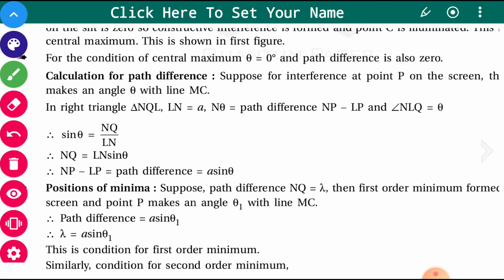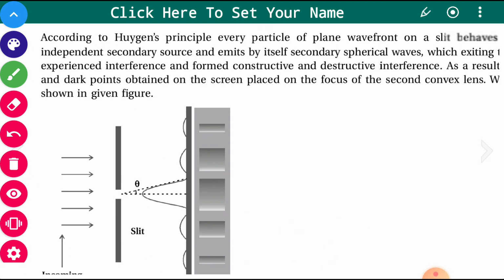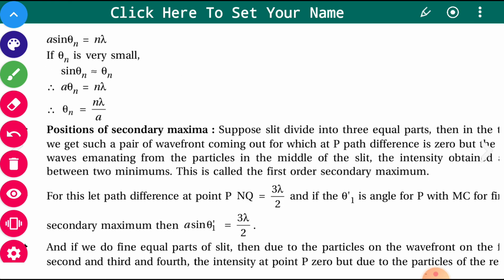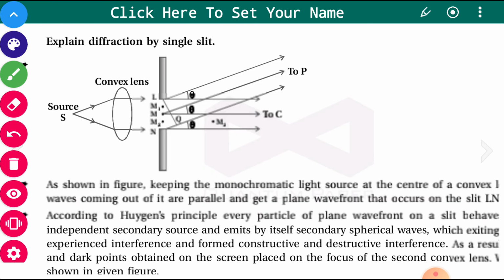Now if you take the triangle NQL, where LN is a, the path difference will be NP minus LP, and the angle NLQ is theta. You can see here that angle is shown as theta.